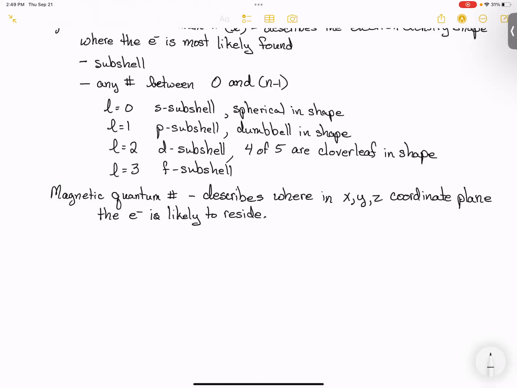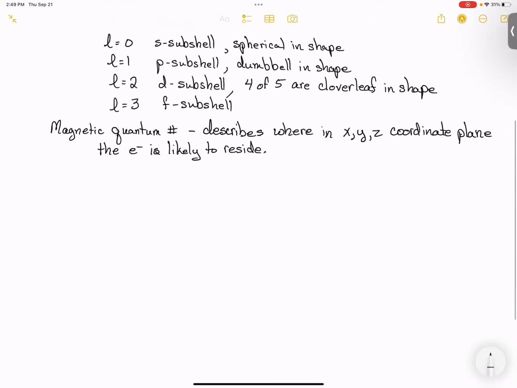As far as this number is concerned, it is the specific orbital.